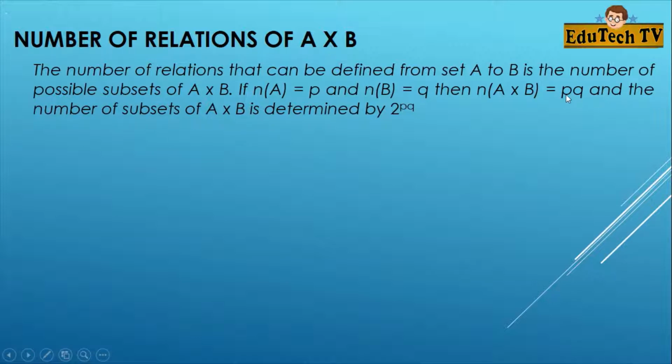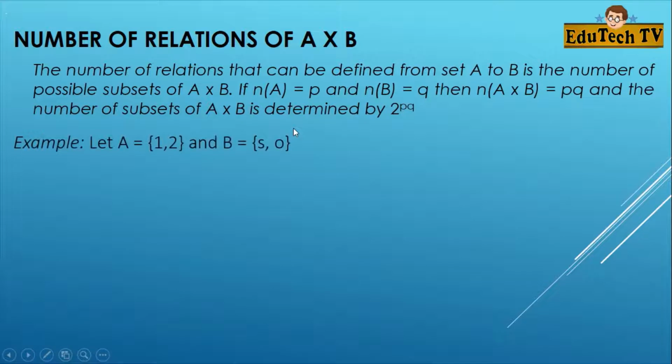So we just have to multiply the cardinality of each set, and the number of subsets of the relation AB is determined by the formula 2 raised to PQ. Okay, remember pagka-relation yung given.